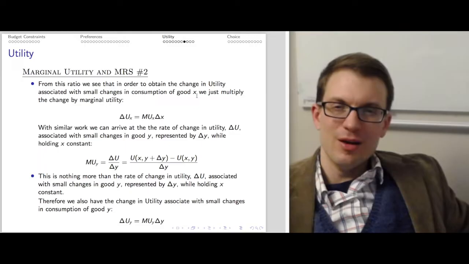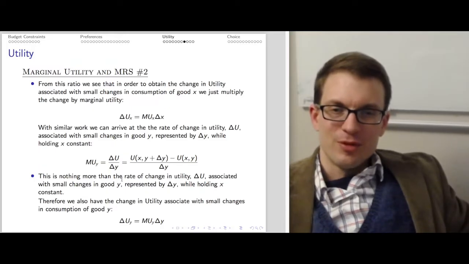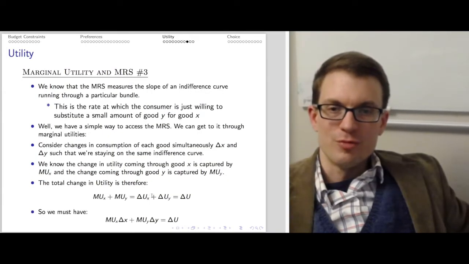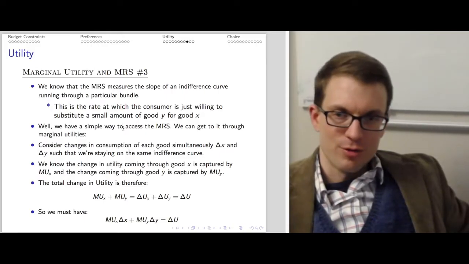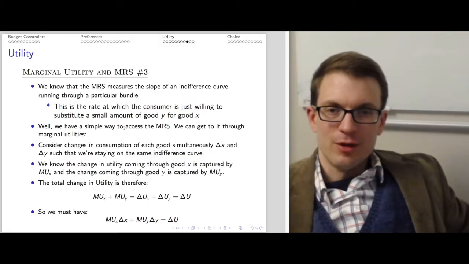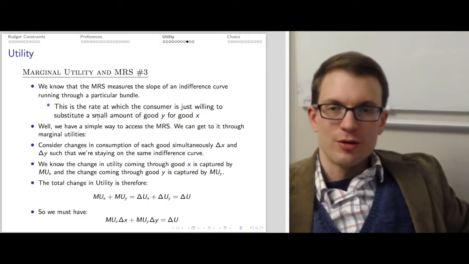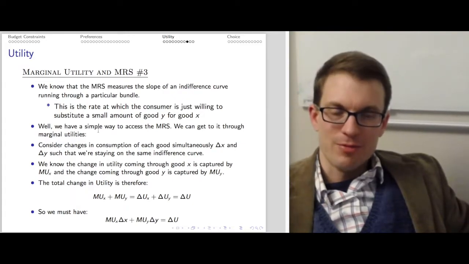So let's not worry so much about this part here. I'll show this for a second so you can see it with the video. I didn't spend a whole lot of time developing this in class, so don't worry too much about it. It's interesting. You want to save this for the intermediate micro class, but if you really want to understand what's going on here, this is helpful to mathematically justify it.